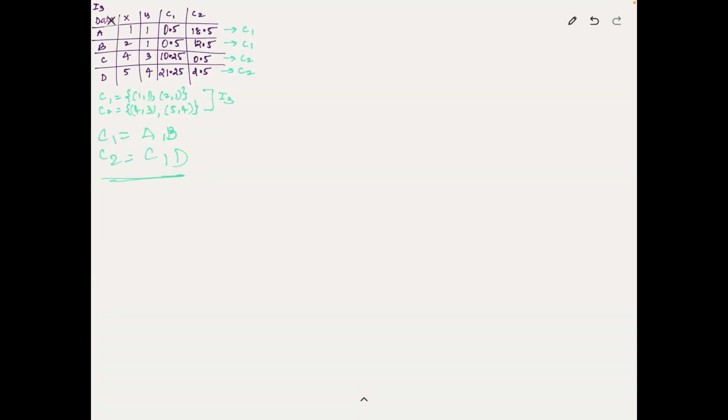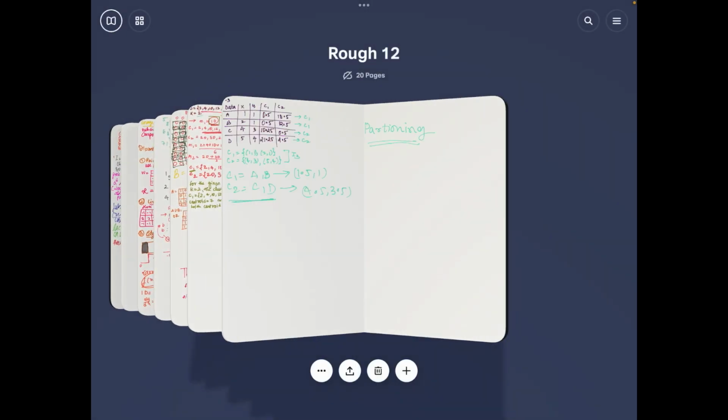We can say that the final answer is these clusters for the centroid values of 1.5 comma 1 and 4.5 comma 3.5 respectively. Okay, so that is it. This completes your k-means, which comes under the partitioning methods for solving clustering algorithms.